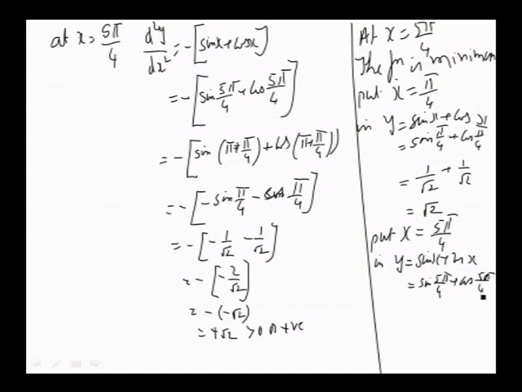I have shown already, 5 pi by 4 can be written as pi plus pi by 4. This is minus sin pi by 4 minus cos pi by 4. So this is minus 1 by root 2 minus 1 by root 2. If we simplify that, you are going to get minus root 2. So this is the minimum value of the function.